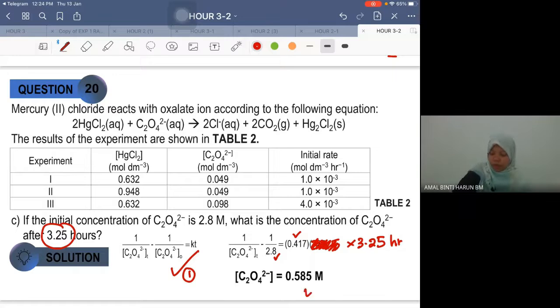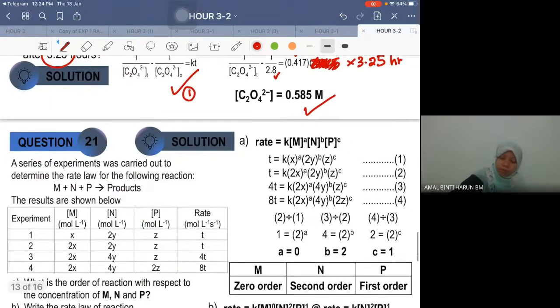So you get the concentration. Okay, press the calculator. Your answer is 1 over concentration, so to find the concentration, take 1 over the answer. The unit of concentration is molarity. Don't forget.